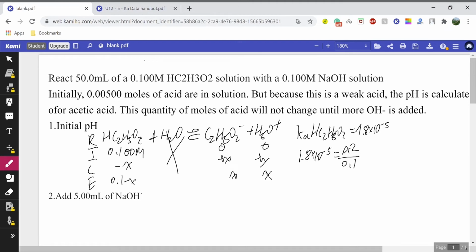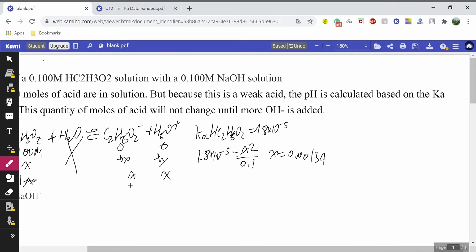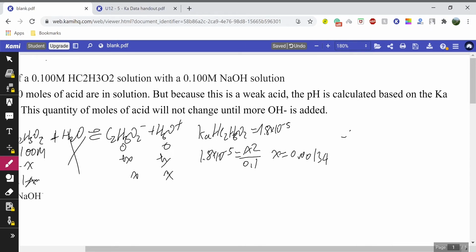Because our K is so small, we can remove this minus x. So 1.8 e to the negative fifth times 0.1, and take the square root of that. It will give us x of 0.00134. Now we take the negative log of x to get our pH. Negative log that, and our pH will be 2.87.